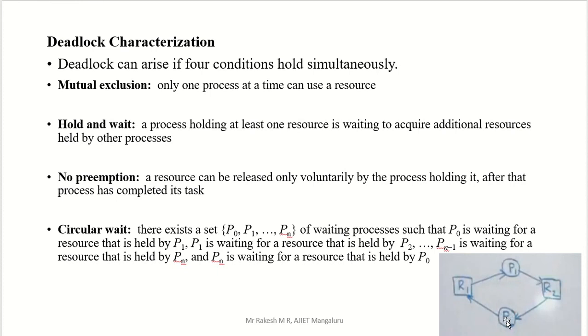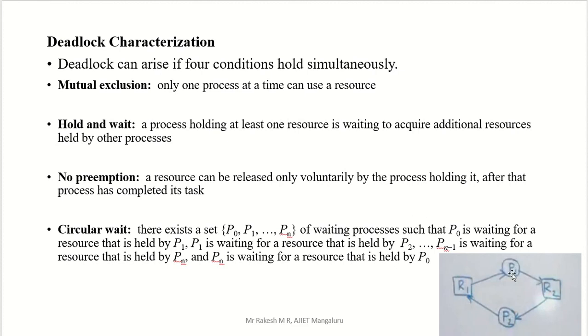Here we have P2. It is waiting for R1. You can see the arrow mark. It is waiting for R1, but R2 is already allocated to P2. So P2 is holding R2 and it is waiting for R1. That is the concept, hold and wait.